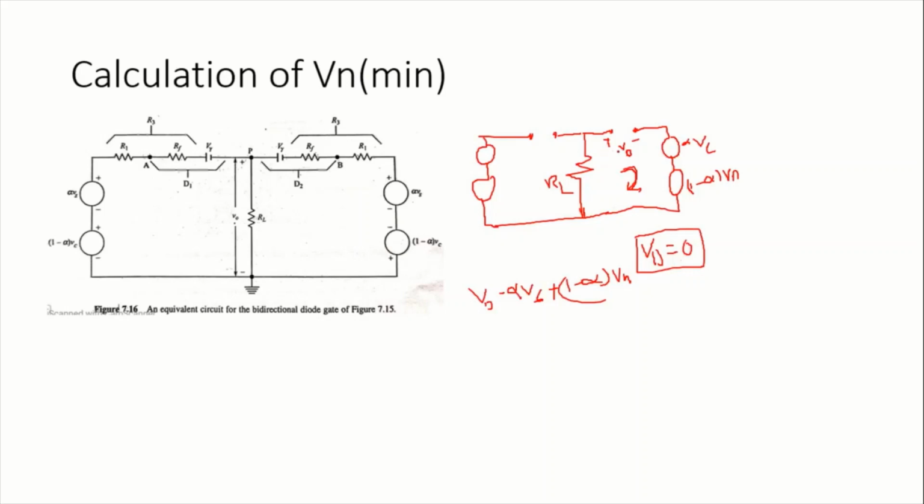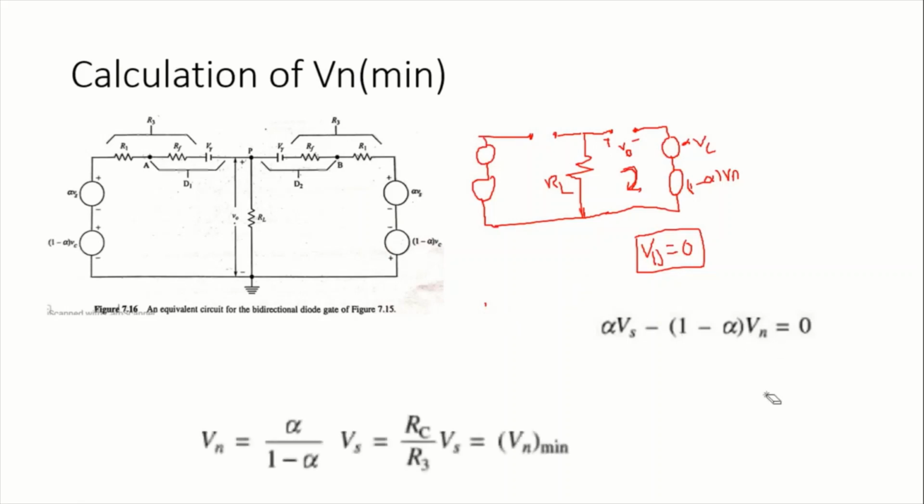Writing this loop equation, at this instant Vd is 0, so substituting Vd equal to 0, we get alpha Vs minus (1 minus alpha) Vn equal to 0.